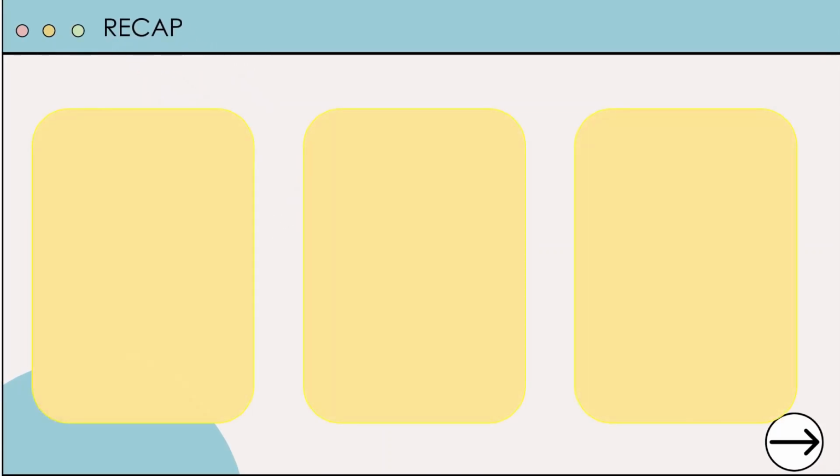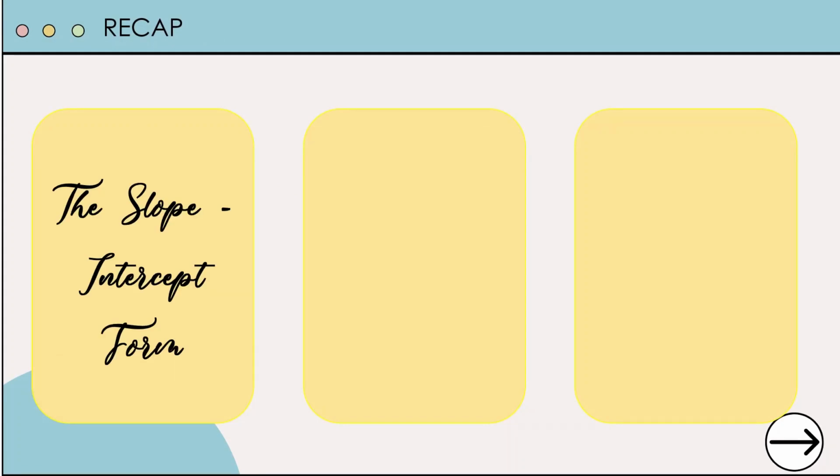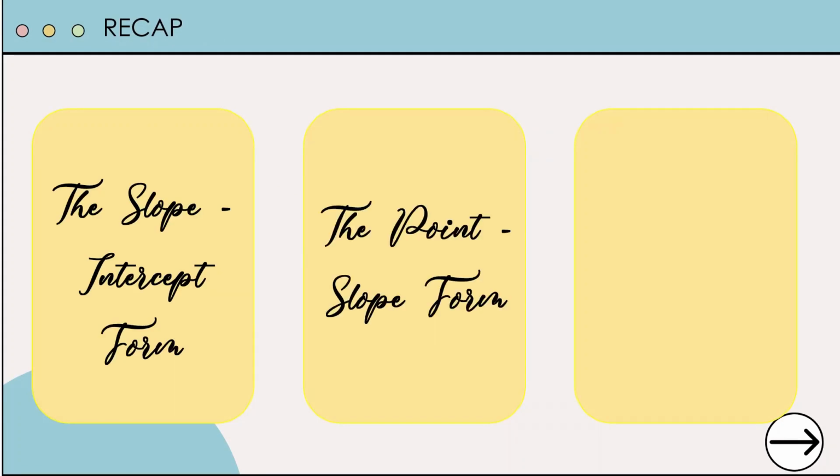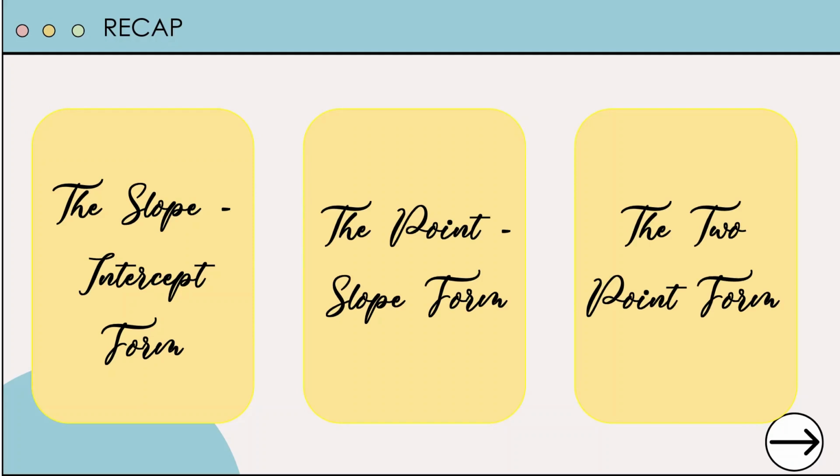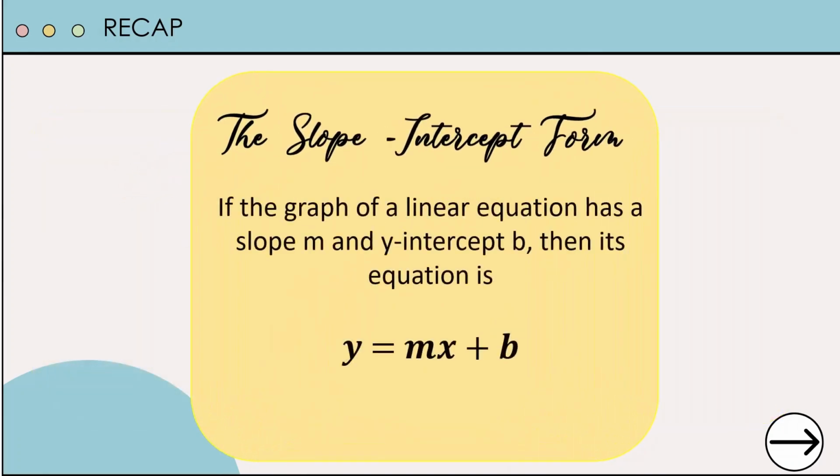In this session, we have learned about the slope-intercept form, the point-slope form, and the two-point form. If the linear equation has a given slope m and y-intercept b, we use the equation y equals mx plus b, or the slope-intercept form.